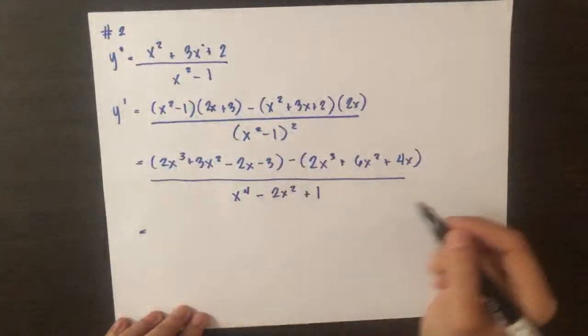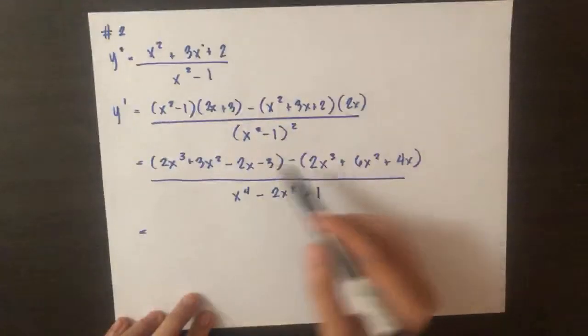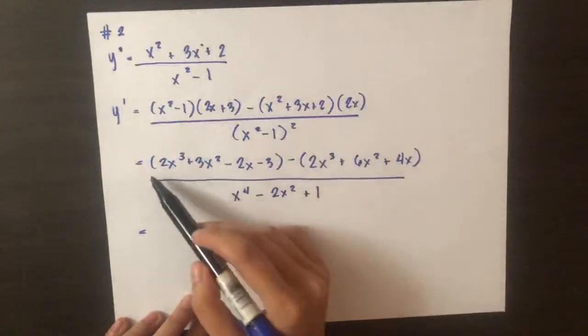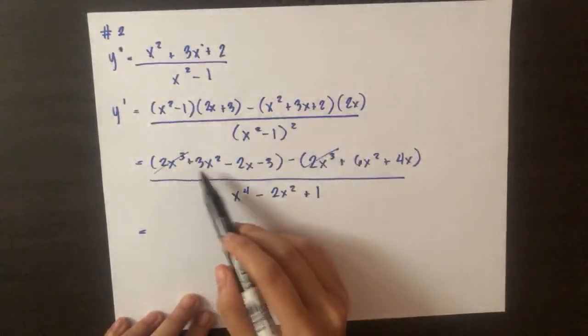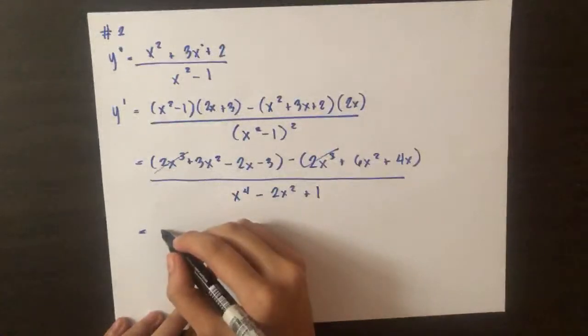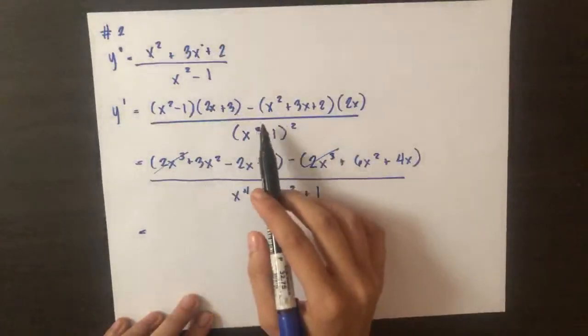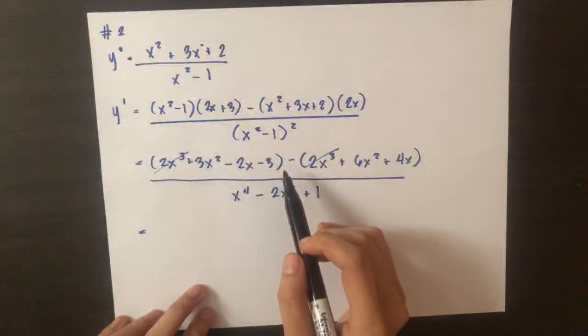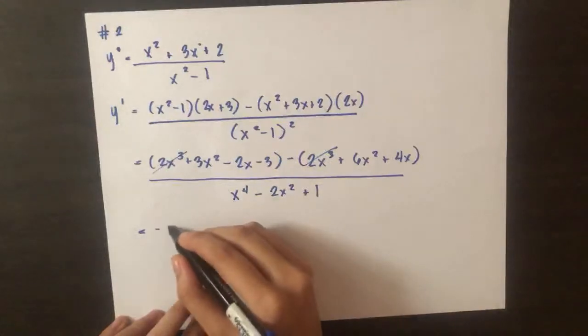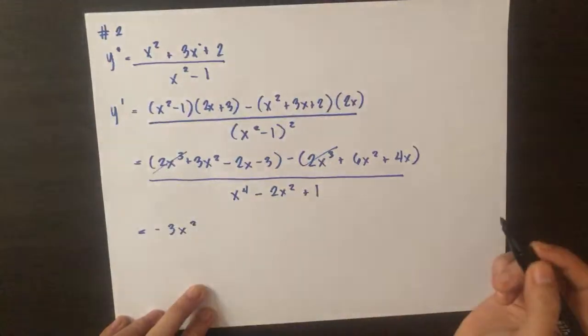Simplifying, ito magka-cancel out na to, itong 2x cubed. Ito, 3 minus 6, we have, tama ba? negative 3x squared.